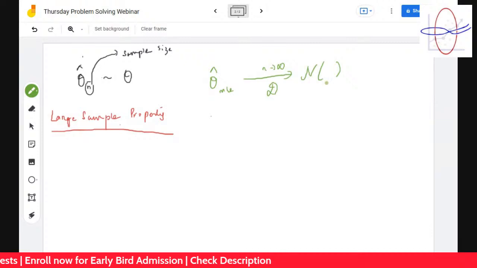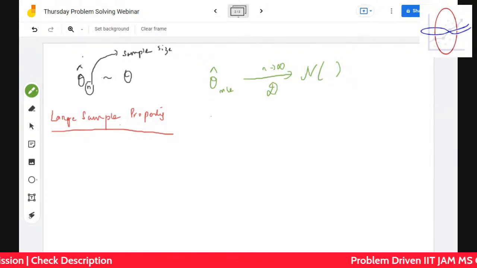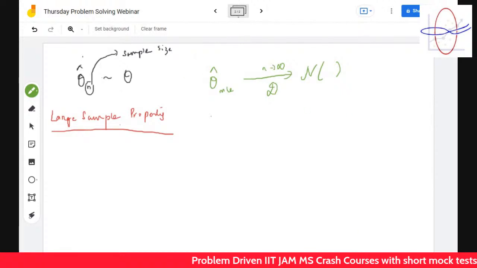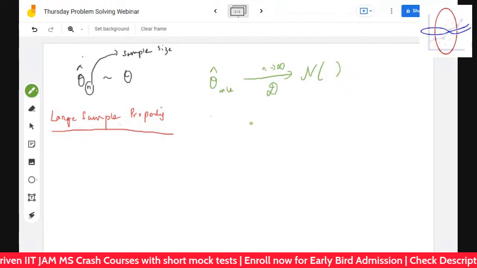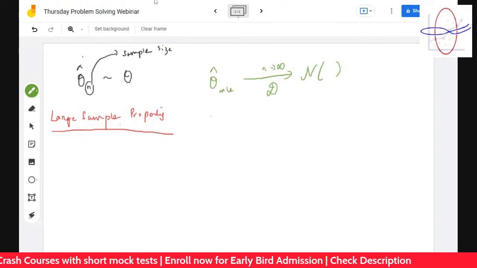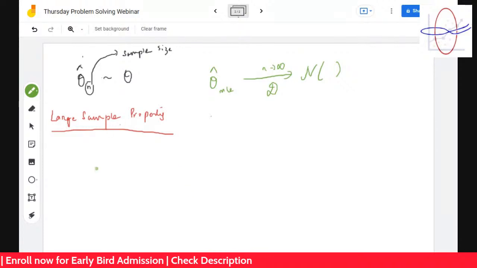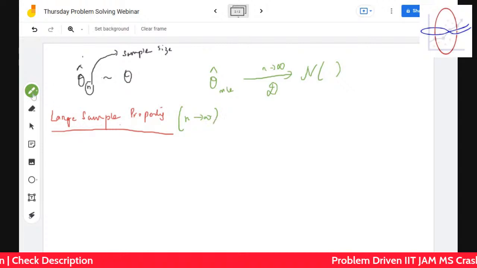It's called the asymptotic normality property, but it's not in the syllabus. I will not discuss it per se, but just to give an idea why this is one of the important properties that we look at. If you pursue large sample theory, or if you have it in your syllabus, you must be seeing these kinds of ideas in your course. So large sample means as n tends to infinity, something really good happens.